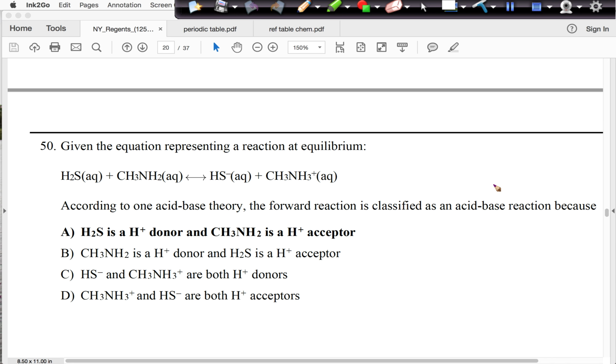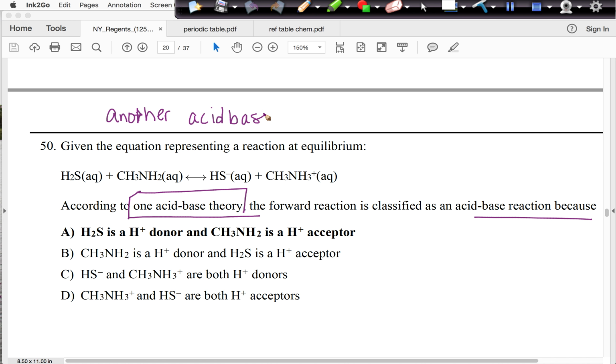This equation represents a reaction at equilibrium. According to one acid-base theory, why is this an acid-base reaction? So remember, when they use this term, one acid-base theory, or sometimes they'll say another acid-base theory, we're talking about the Bronsted-Lowry theory, and that's the theory that goes with H plus.